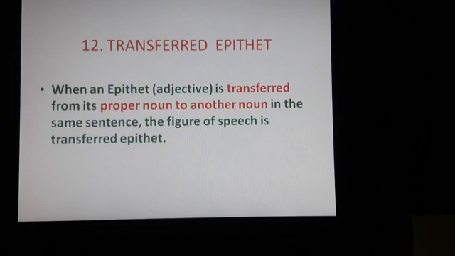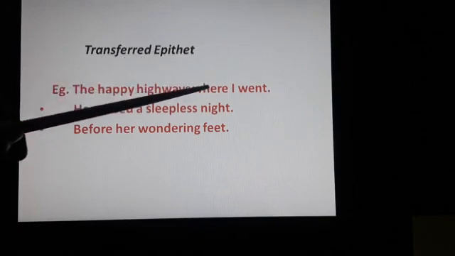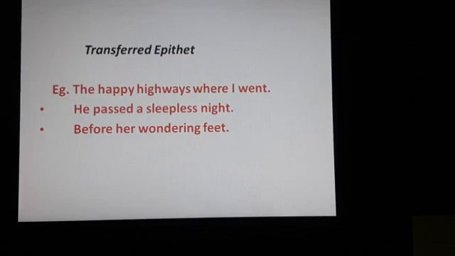Here you see, the happy highways where I went. Now here, which is the adjective? Happy. Highway is not happy. Who is happy? I was happy. So you see how the epithet or the adjective is transferred or placed from its proper noun to some other noun in the same sentence.